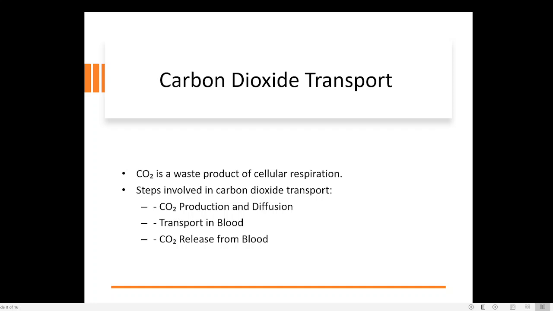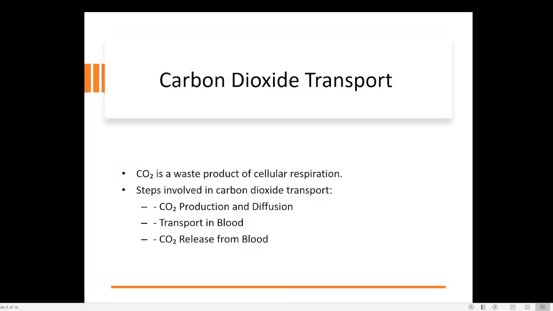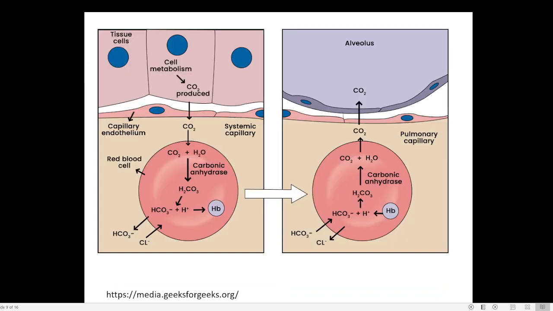Here you can see that carbon dioxide reaching here will be releasing that carbon dioxide, and it will be entering into the gas present in the alveoli or alveolar sac. So that is how carbon dioxide transport is taking place. Now there are three main mechanisms by which carbon dioxide transport takes place, and that is what is shown here. We will see that.